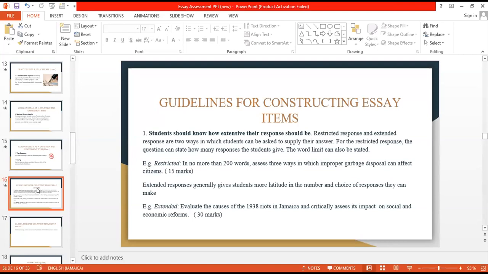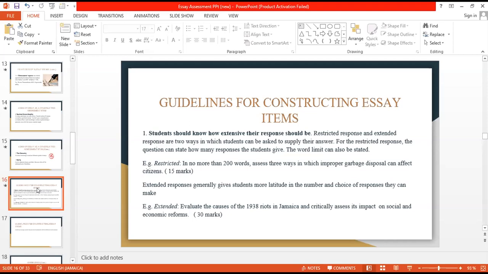For example, students could be asked to evaluate the causes of the 1938 riots in Jamaica and critically assess its impact on social and economic reforms. And that's a total of 30 marks.